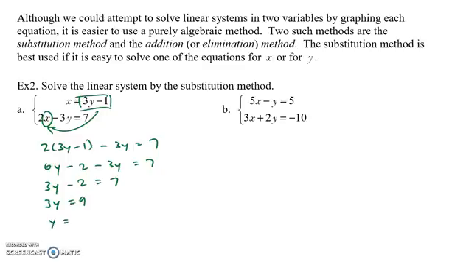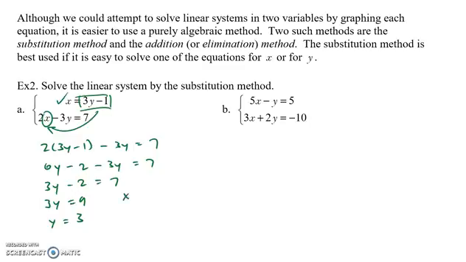Dividing both sides by 3, y equals 3. So we have the y-coordinate of our solution, but we still need the x-coordinate. Well, all we have to do now is just go back up to our first equation and just substitute 3 for y in that equation, and that will give us the x-coordinate of our solution.